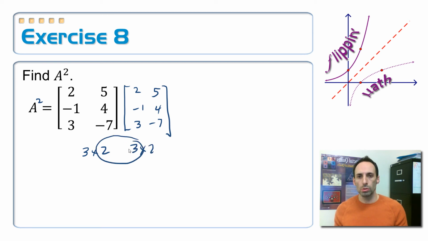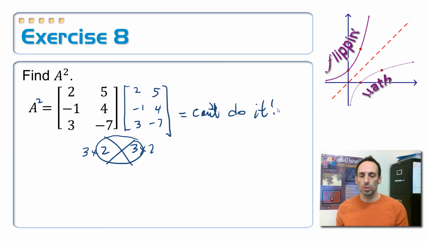And, oh no, look at that. The number of columns in the first one does not match up with the number of rows in the second one, which means that you can't do this. Can't do it. Which is strange, right? You're used to being able to square anything you want, but here, matrices you can't square. What are the only kind of matrices that you can square? I wonder what those things are called.